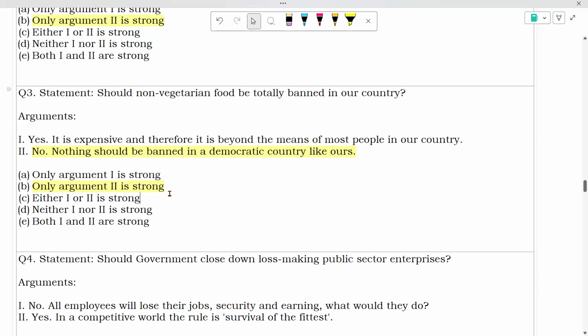There is nothing called 100% correct or 100% less. So I will say, if it is not 10, then it is 8 or 7. In a democratic country, you will have at least 7 or 8 freedom and 2 restrictions. Two things will be banned. In that sense, you can proceed. Okay, everybody understood?